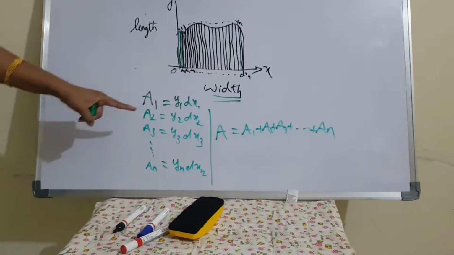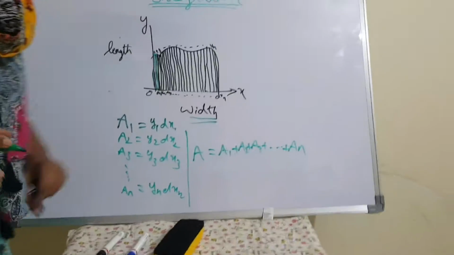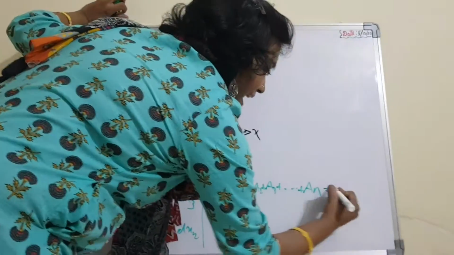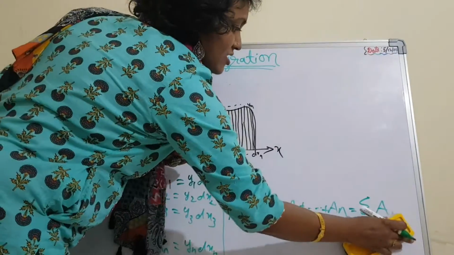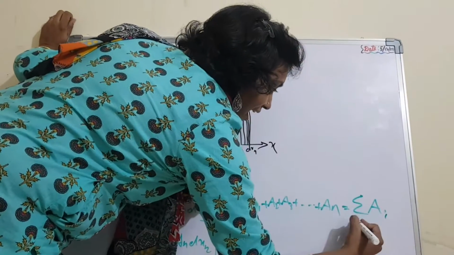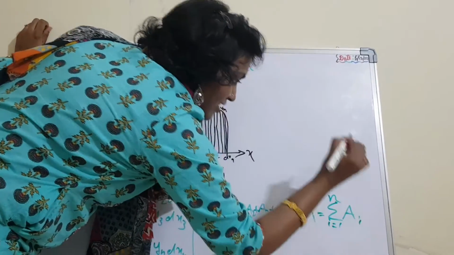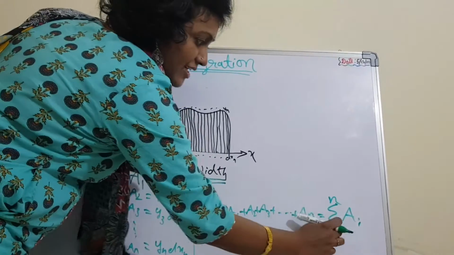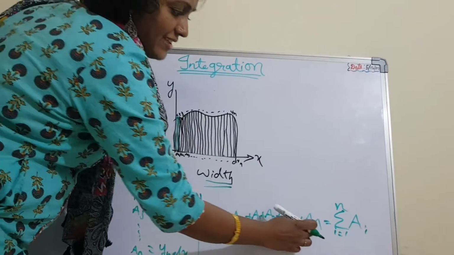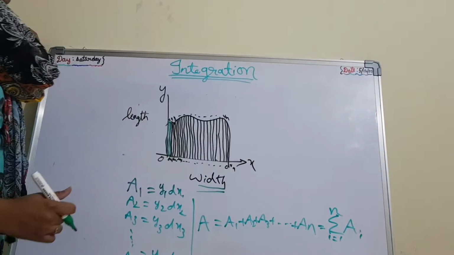We are adding all these A terms. Adding means we can write summation of Ai, i is equal to 1 to n terms. i is equal to 1 means A1, i is equal to 2 means the second term. Like that we take up to n terms.